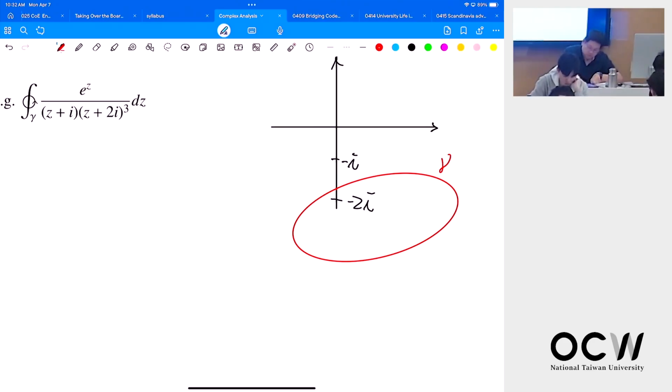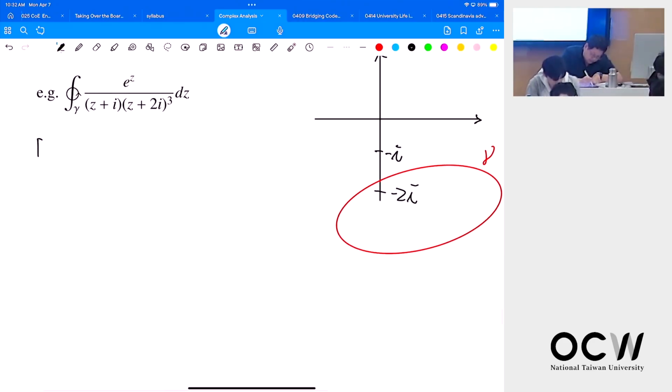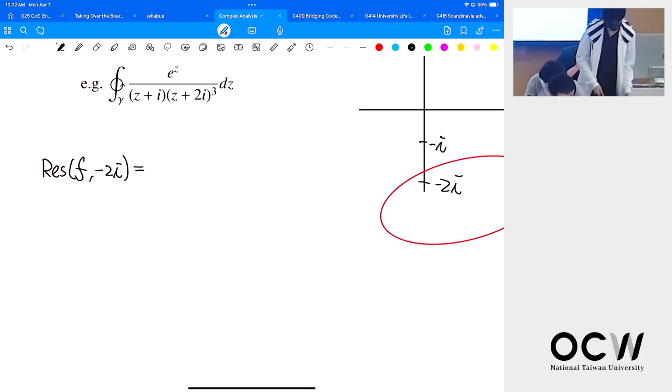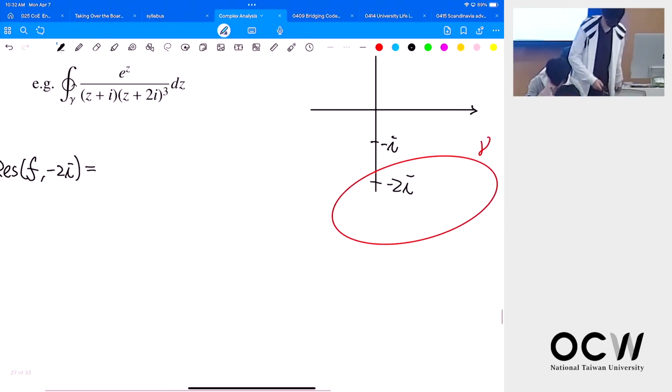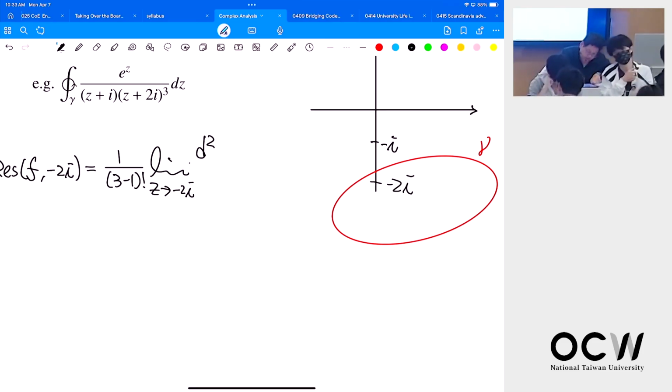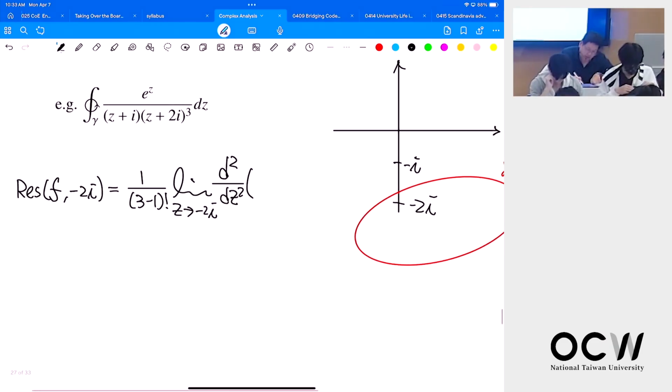So for the residue of f at minus 2i, a pole of order 3, there'll be 1 divided by (3 minus 1) factorial, and then take the limit as z goes to minus 2i and take the derivative twice, because I need to cancel out the denominator.